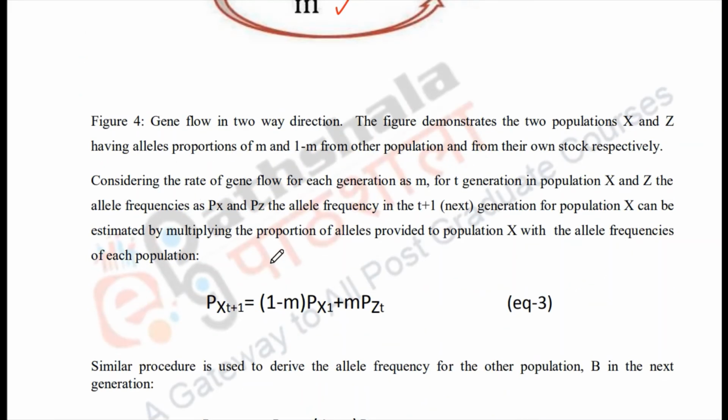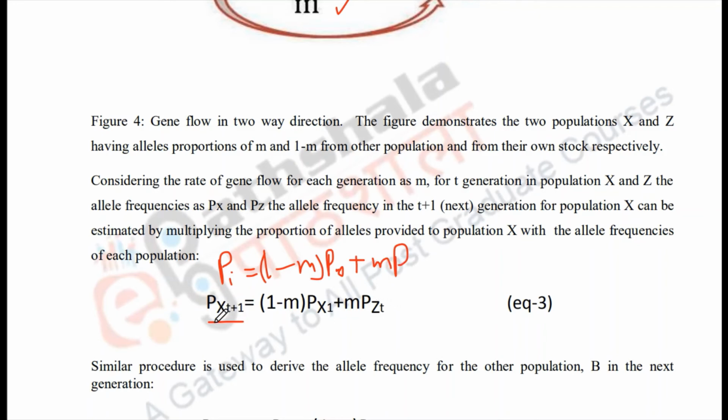So similarly to the previous one, when we're talking about the island and mainland, the next generation of the island is equal to 1 minus m of the initial stage, this was 0, plus m of the mainland frequency, right?